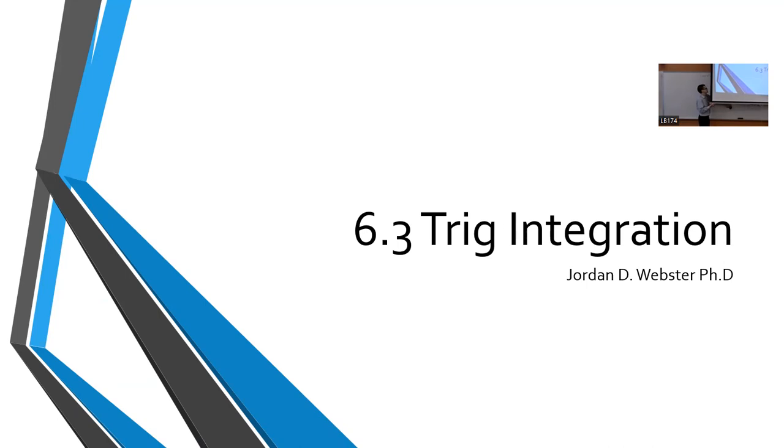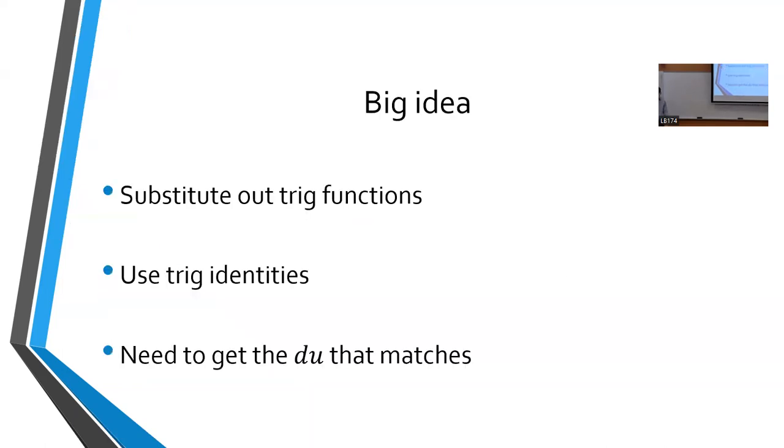So the first newer technique is trig integration. So this is integrating with trig functions. And it's basically fancy substitution. In fact, both 6.3 and 6.4 are going to be fancy substitution in different ways.